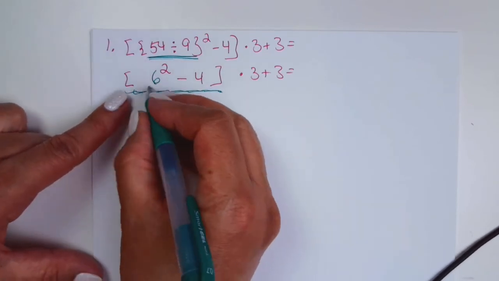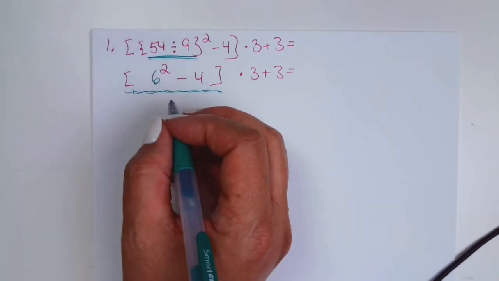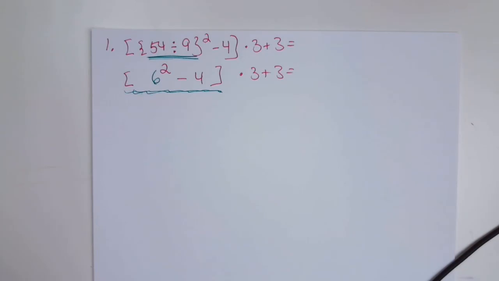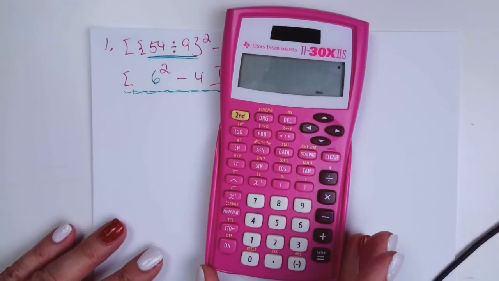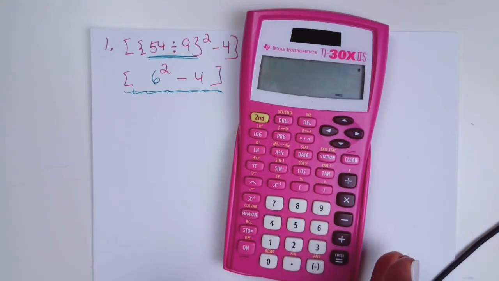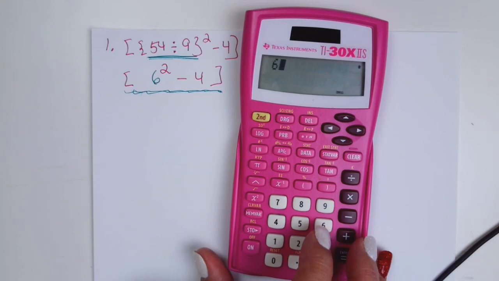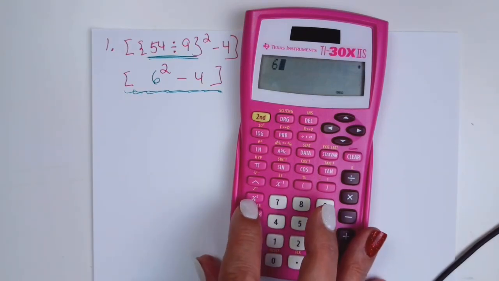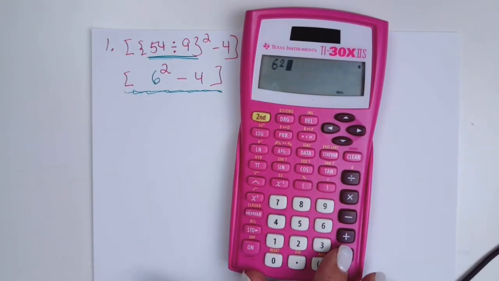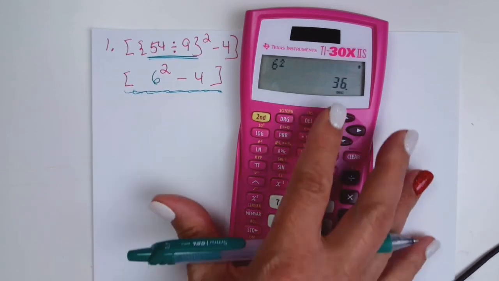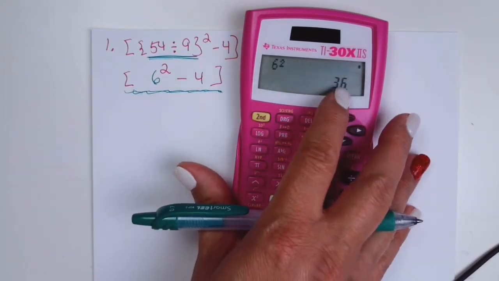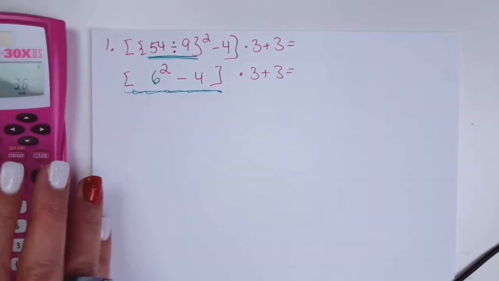So 6 squared, again, you are totally allowed to use a calculator. Make sure whichever calculator you're going to use on a test, you know how to use. So 6 and squared, this x squared, if I press that, it's equal. 6 squared is the same thing as 6 times 6, which is 36.